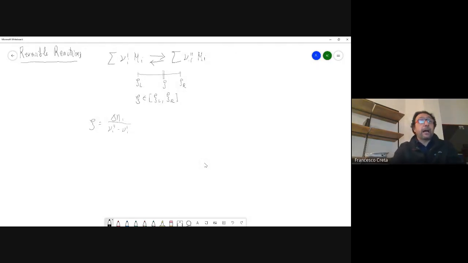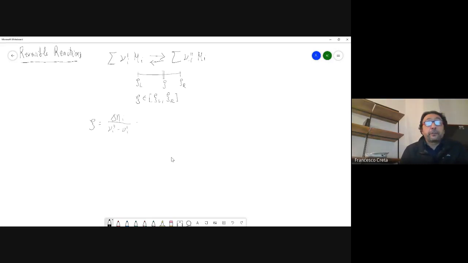So for every species, we define essentially this ratio, and it's always going to be a constant ratio, because that's exactly what the stoichiometric relation is telling us.